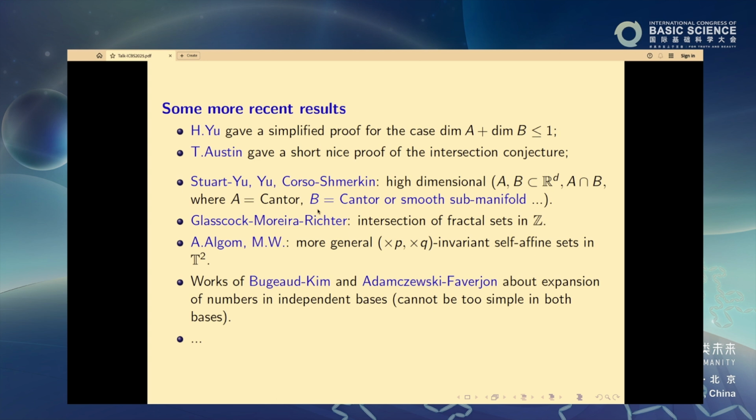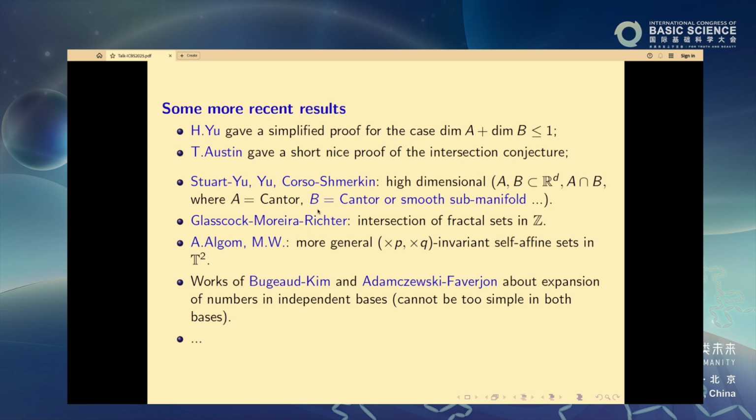But beyond that, if we are given a specific point, an irrational number, there's absolutely no way to know about its expansion in base 2 and in base 3, for example.